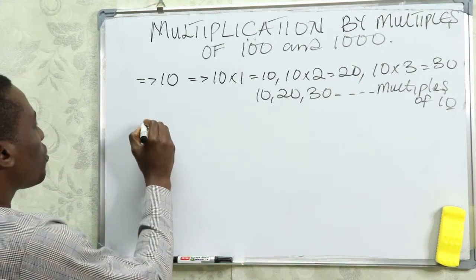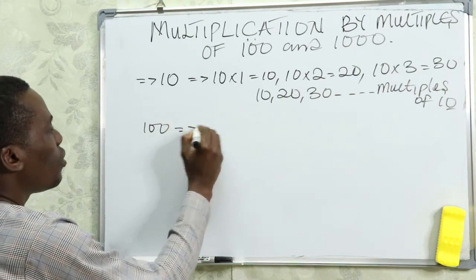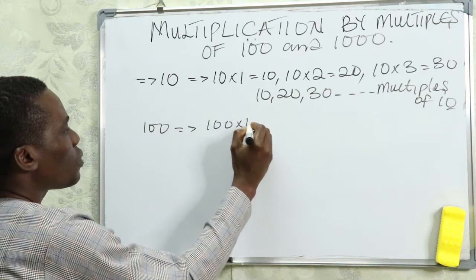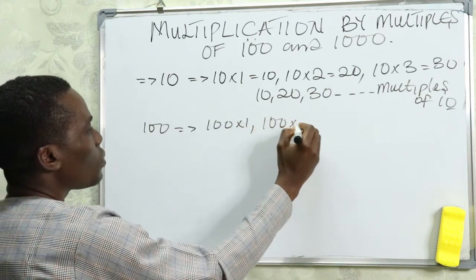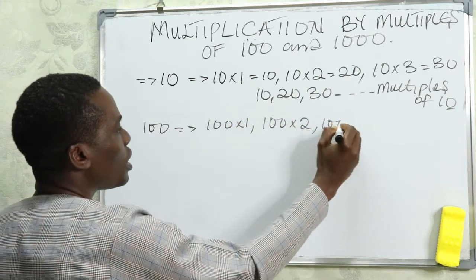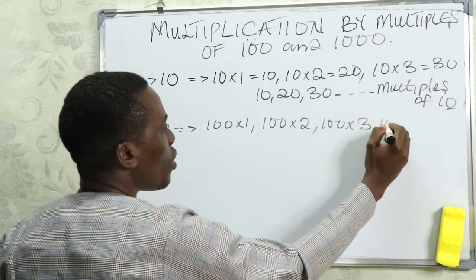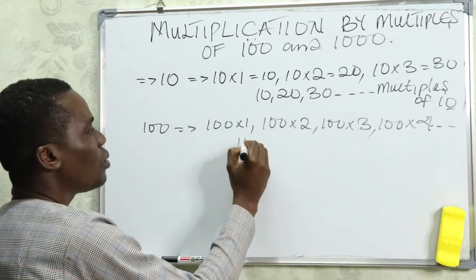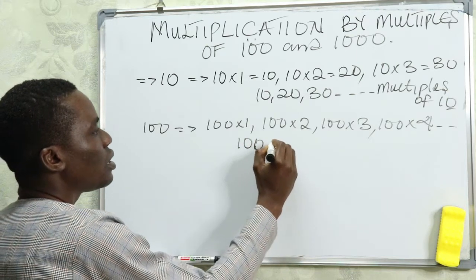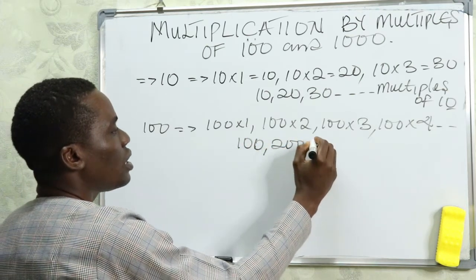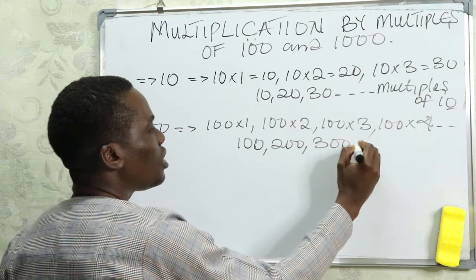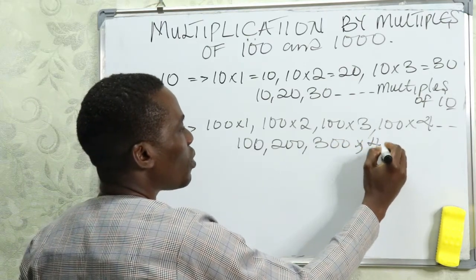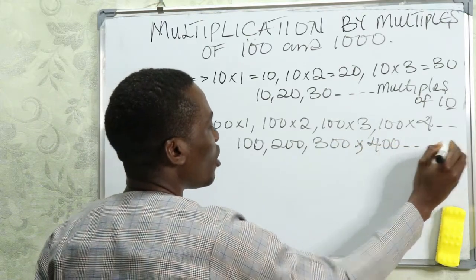So you see that is exactly how we are going to find the multiples of 100. Multiples of 100 are when you have 100 times 1, 100 times 2, 100 times 3, 100 times 4, and on and on. So this will give you 100, this will give you 200, this will give you 300, this will give you 400, and on.